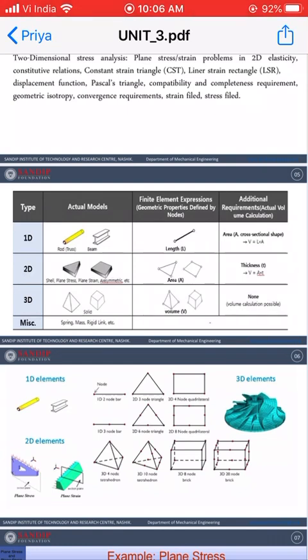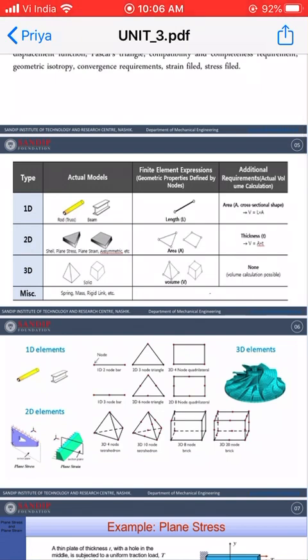In a one-dimensional element, only length is measurable or comparable as compared to the second and third parameters. For a two-dimensional element, there are two parameters: if we consider a thin plate or a thin disc, the thickness is very small as compared to the other two dimensions, so it is negligible and we can neglect it. So this problem becomes a case of a two-dimensional element or two-dimensional problem.